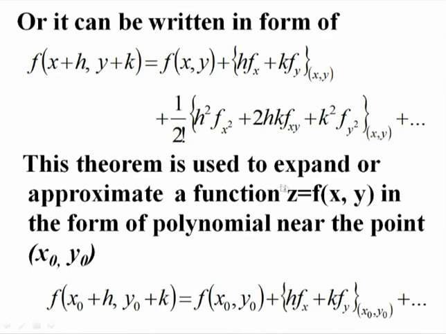This theorem is used to expand or approximate the given function z is equal to f of x y in the form of a polynomial near the point x0, y0.